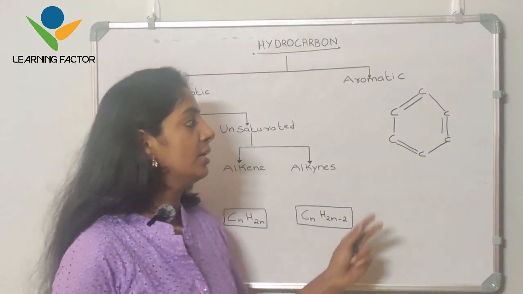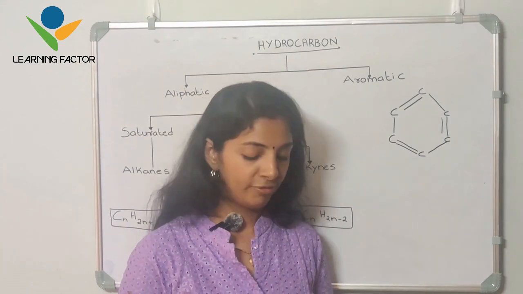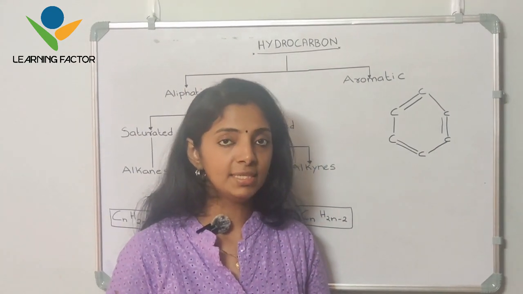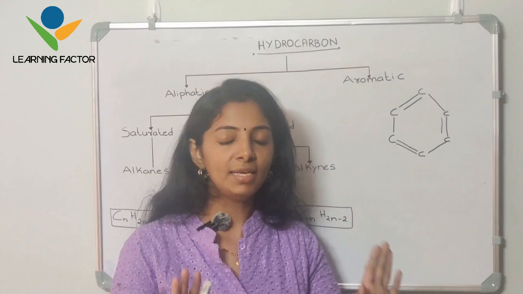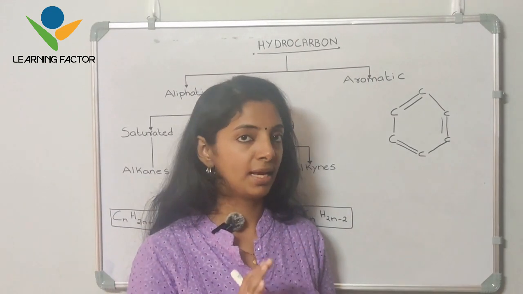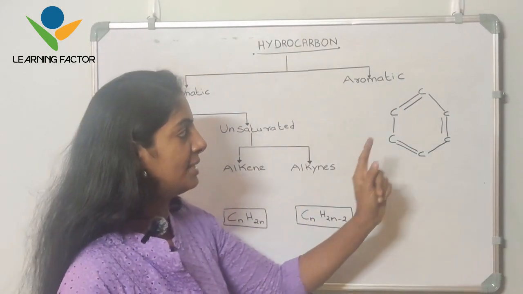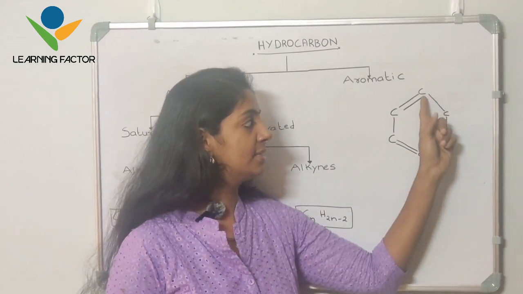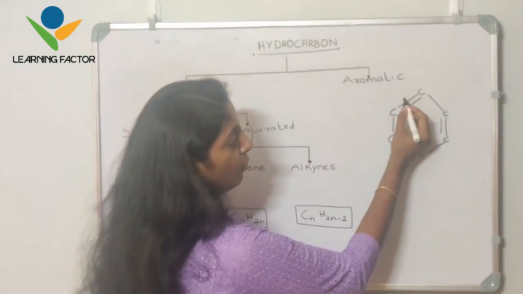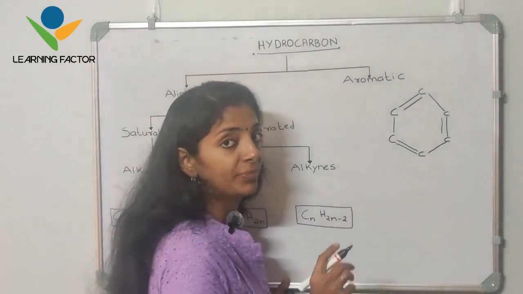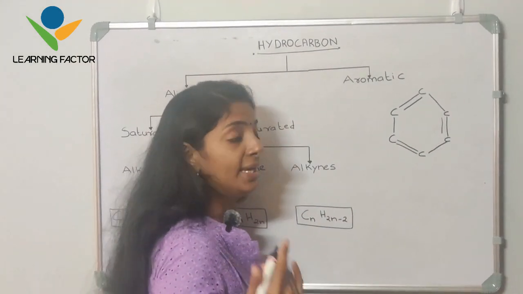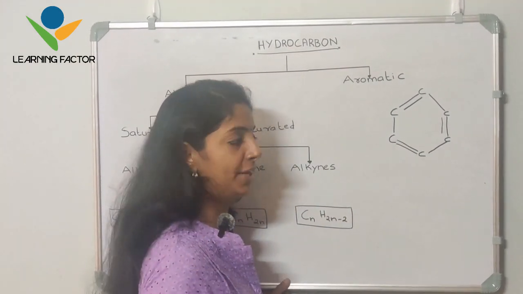As you all know, the valency of carbon is 4, that is, it will have 4 bonds around it. In this case, how many bonds are there for this carbon? 1, 2, 3. Only 3 bonds are there. The next bond will be connected to a hydrogen.